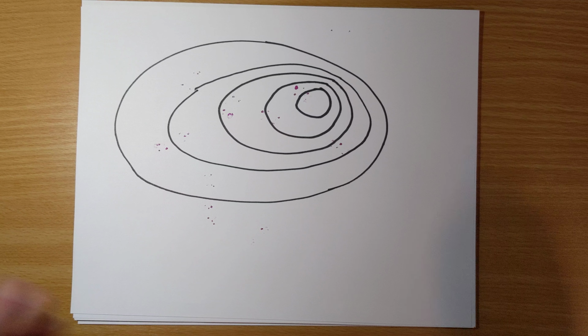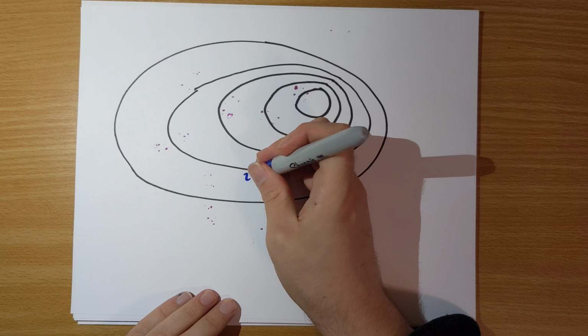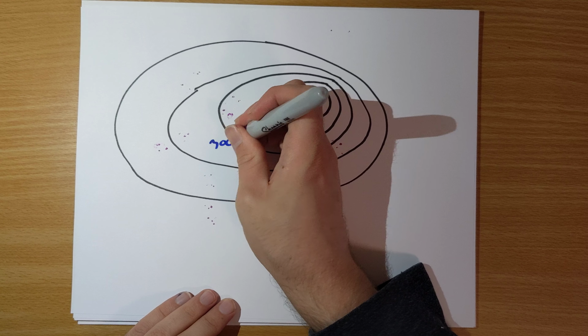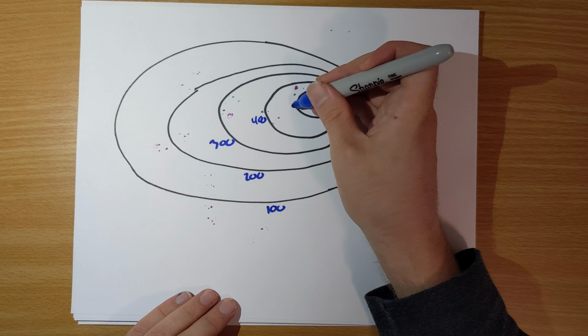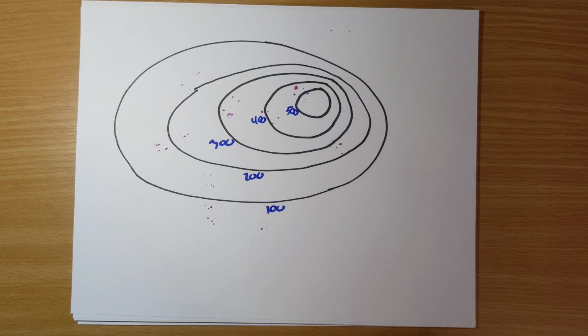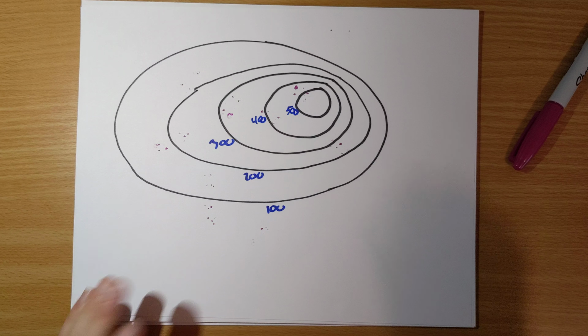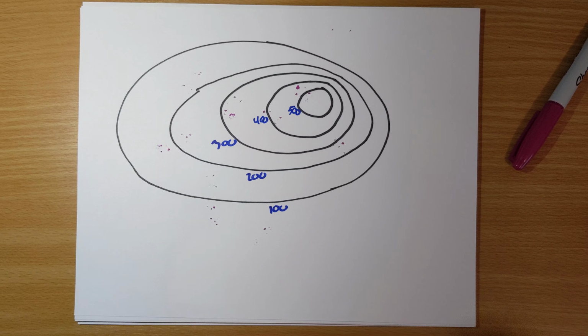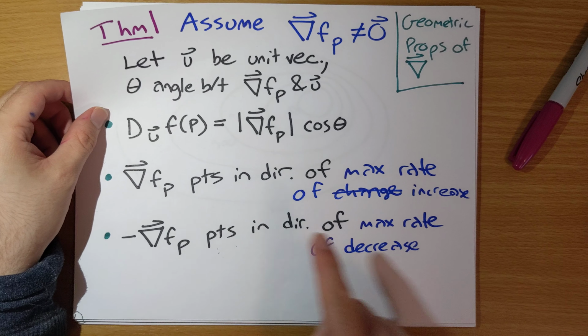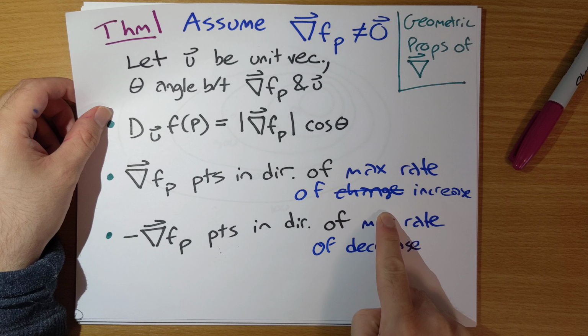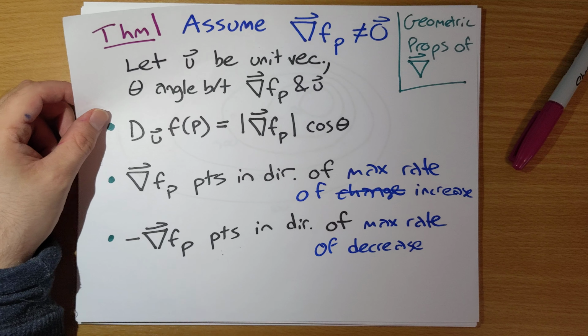The second one is going to be a hill here. So let me put contours 100, 200, 300, 400, and 500. And so the thing that I want to do now is, once again, we're going to use the fact that the gradient points in the direction of the maximum rate of increase.